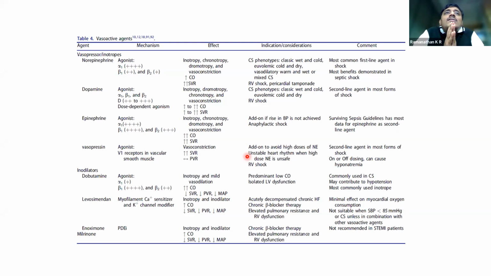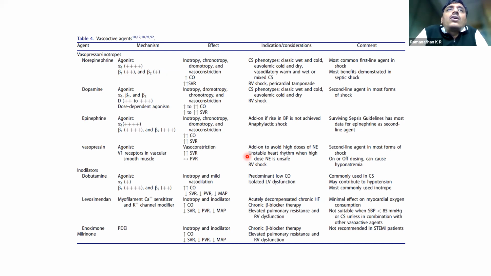So if you were to ask me whether norepinephrine is better than epinephrine versus any other agent, at least the head-to-head trials we've had so far have not shown superiority of one agent over the other. That goes on to say that any agent can be used in any cardiogenic shock state. However, I wouldn't agree with that completely, because we know how most of these agents work.